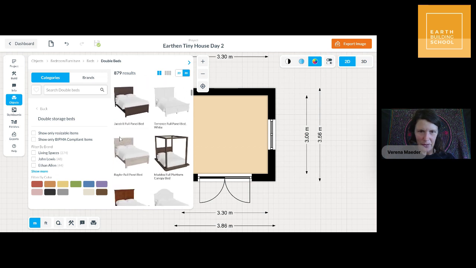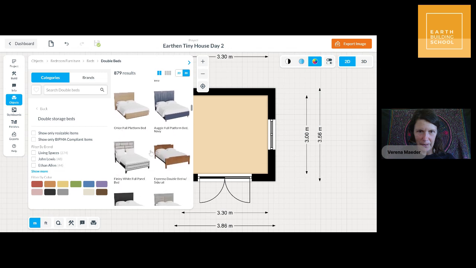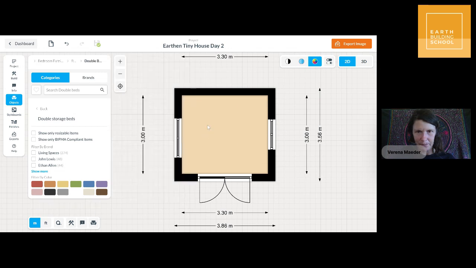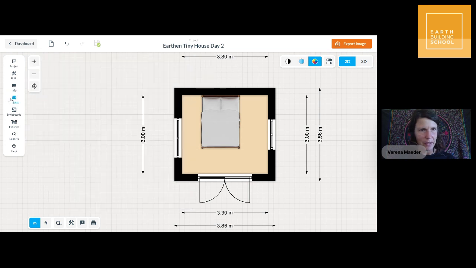Doesn't really matter in 2D, but you just choose something like this one. And you start placing it. And you can go and grab other types of furniture from the objects and place them in here.